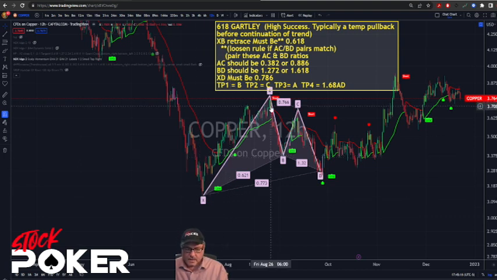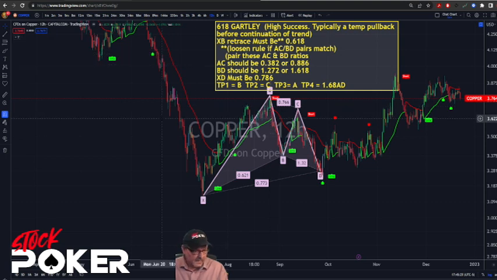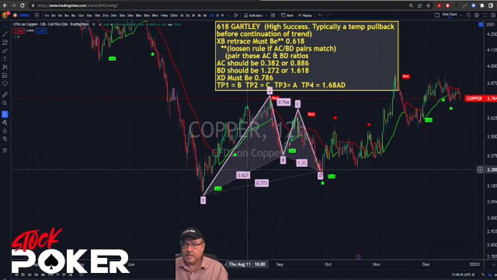Depending on what textbooks you look at, they may have different nomenclature, but since we're using TradingView, when I say XB, it's the retrace of the XA leg, and it'll pop up right there in the TradingView XABCD harmonic pattern.